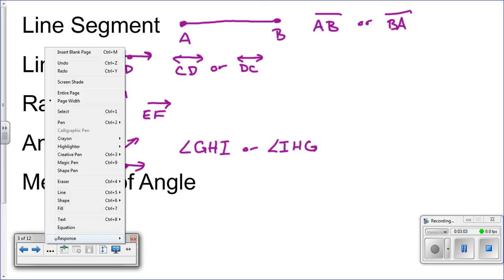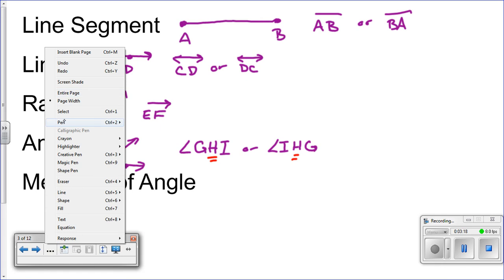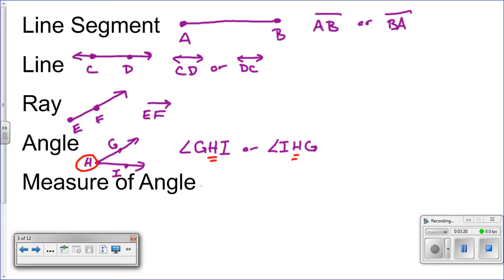The important part here is that your H has to be in the middle. H is your vertex, the middle, so that has to be there. And our last one is to be able to write the measure of the angle. So all you do is you put a little M standing for measure. So it'd be measure of angle GHI or the measure of angle IHG.